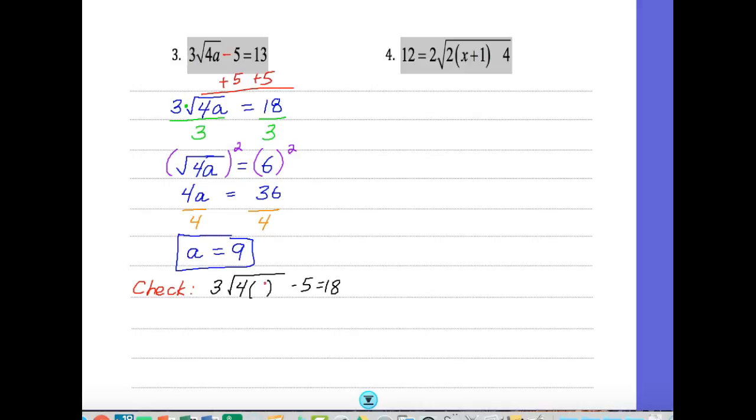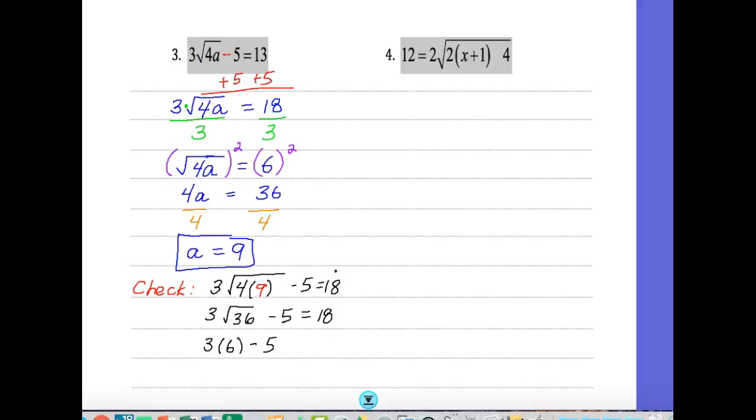Our a value is 9, so there's our substitution. We have 3 times the square root of 36 minus 5, does that equal 18? So you have 3 times the square root of 36, 6 times 3 minus 5.